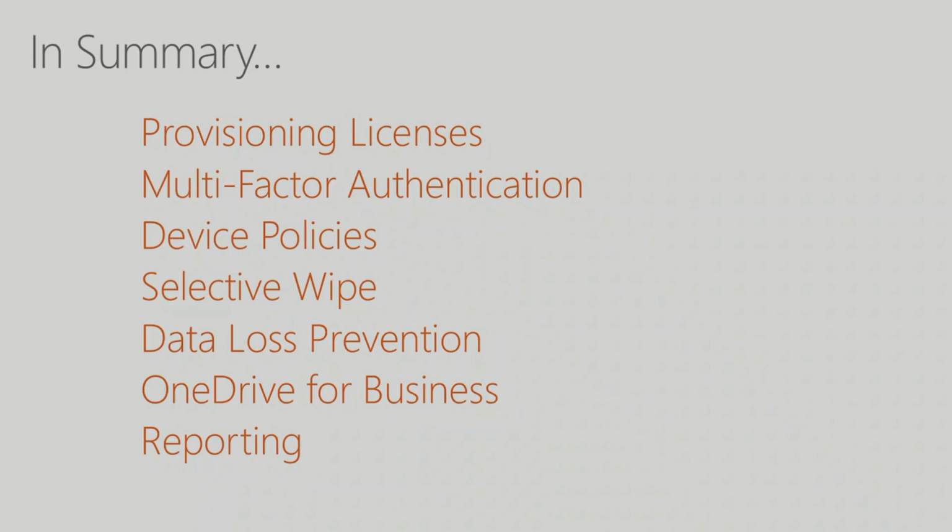So think of the conditional access we showed you, where we can go in and configure device policies right from the Office 365 portal. We can do things like multi-factor authentication to make sure that when someone's coming through the browser or from any device, we can reach them on something we know they have to confirm that they're the right person on the other end of that device.